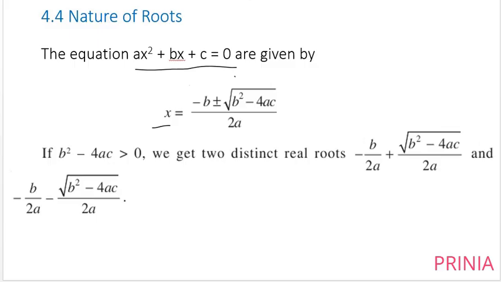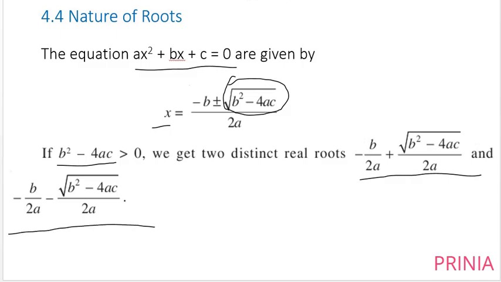If this term, b square minus 4ac, is greater than 0, then we have two distinct real roots: minus b by 2a plus square root of b square minus 4ac divided by 2a, and the second is minus b by 2a minus square root of b square minus 4ac divided by 2a. So we will be getting these two distinct roots.